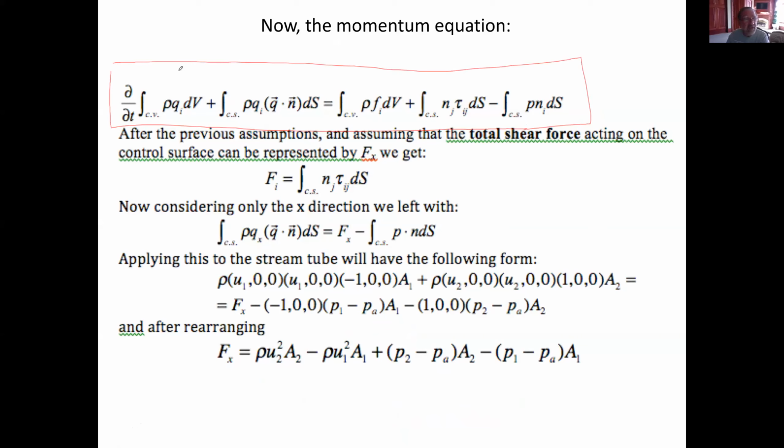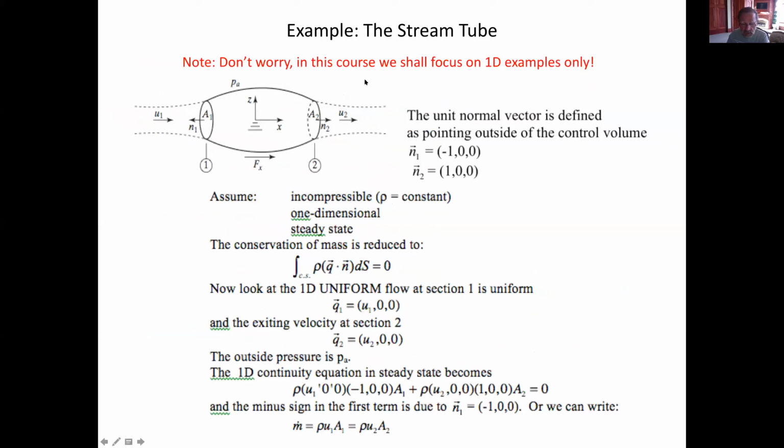Then we said that it's incompressible. We lose that term because it's also steady state. Then we have this term, which is very similar to what we have done before. This is the body force. Let's assume that this time the flow is horizontal, and then there is no body force.